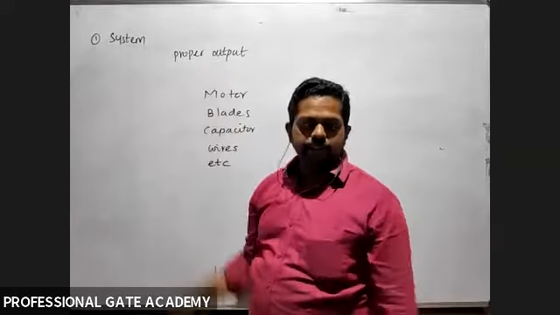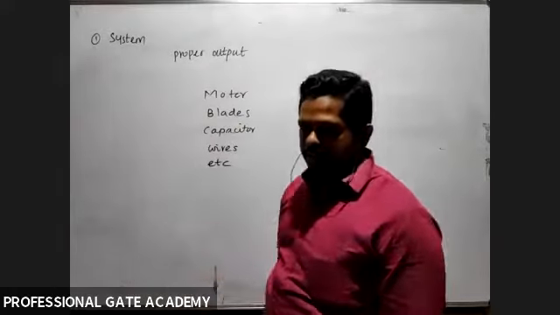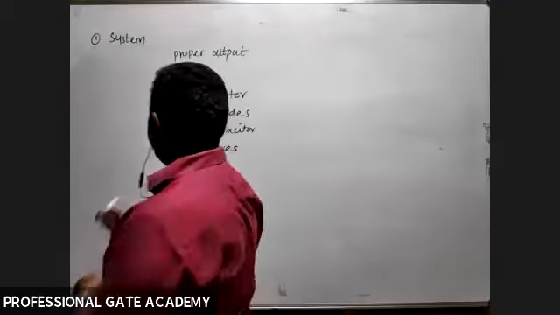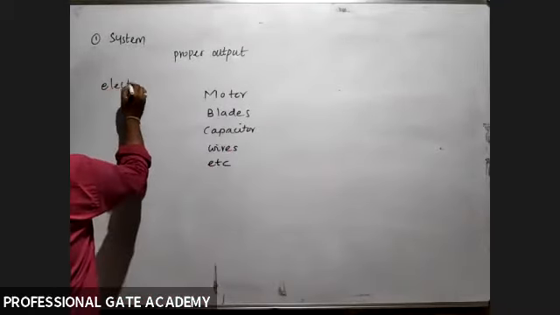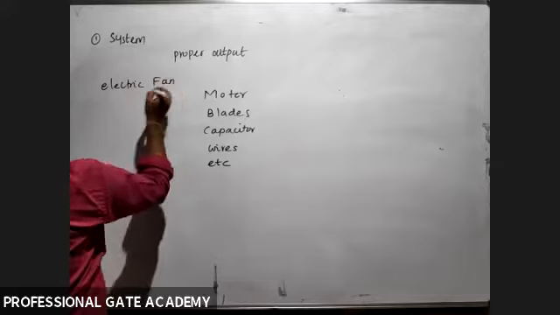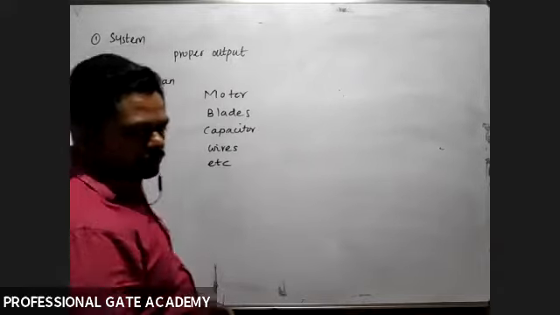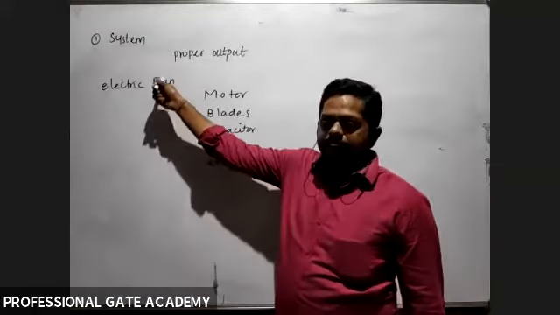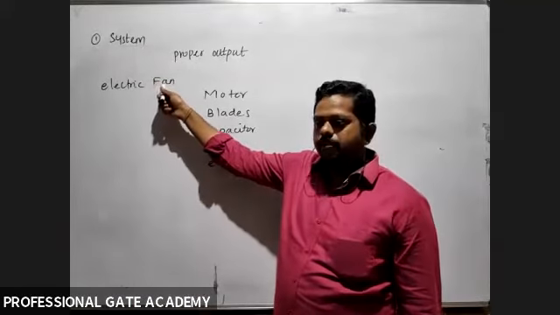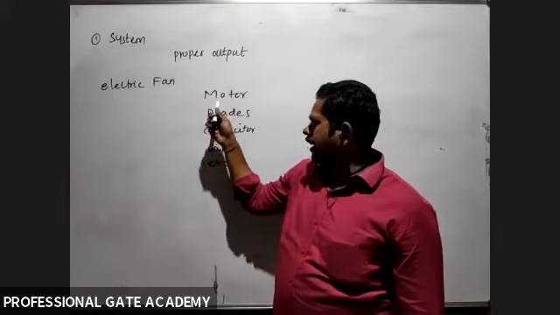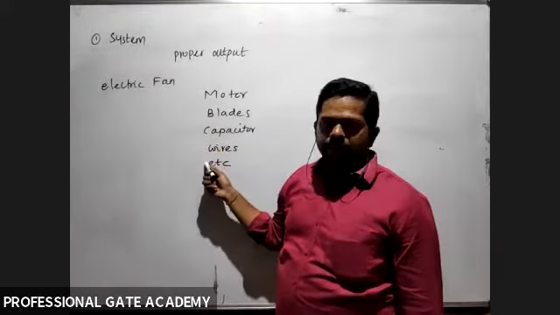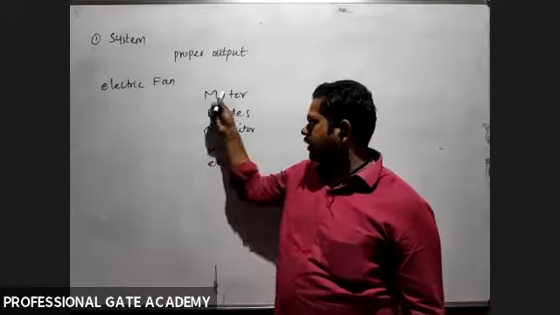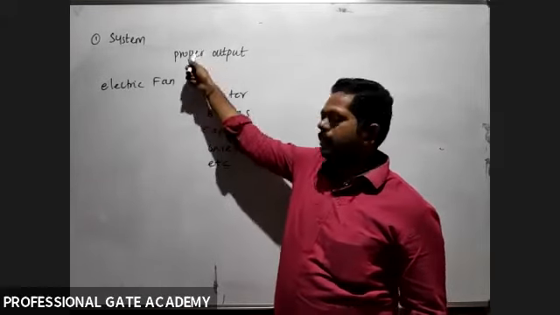Take the example, electric fan. Electric fan is one of the best examples for system. In an electric fan, what are the components? Motor, blades, capacitor, wires, etc. These components are connected in a specific manner to get the proper output.